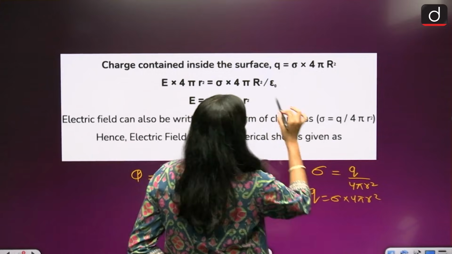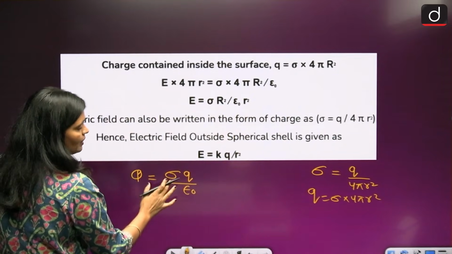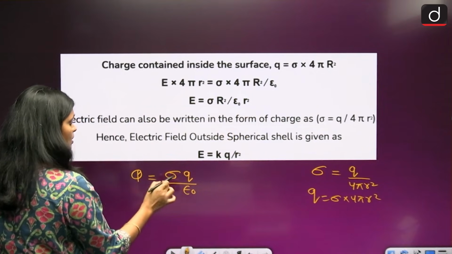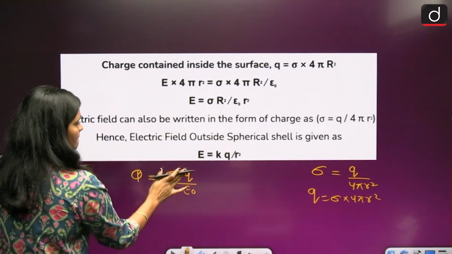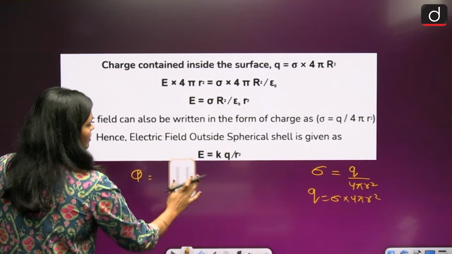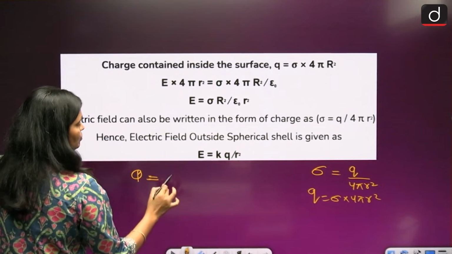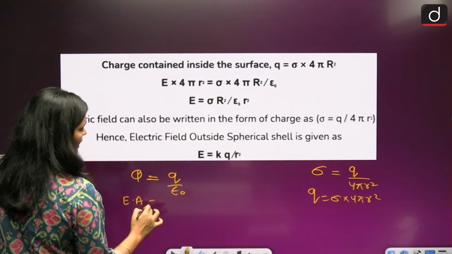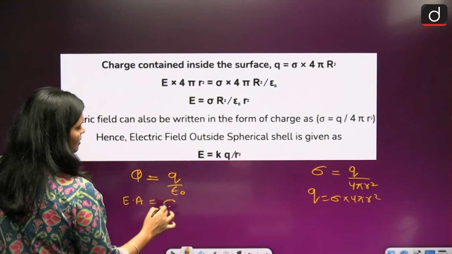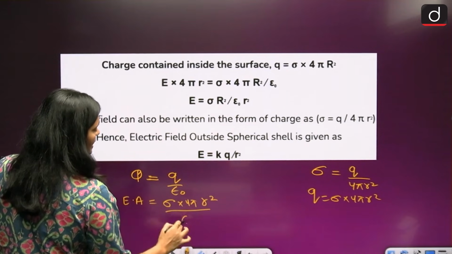From here you can calculate the value of this charge Q. Since it is Q by epsilon naught, it is E into A. So E into 4 pi r square equals sigma into 4 pi r square by epsilon naught.